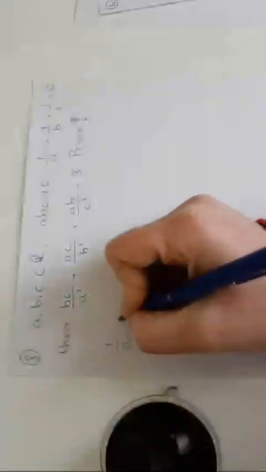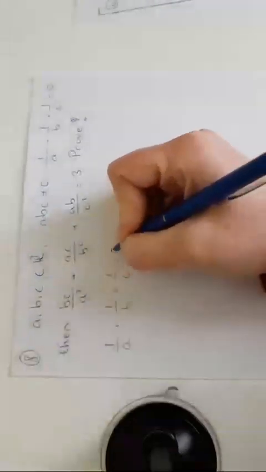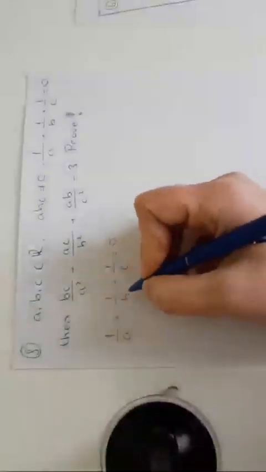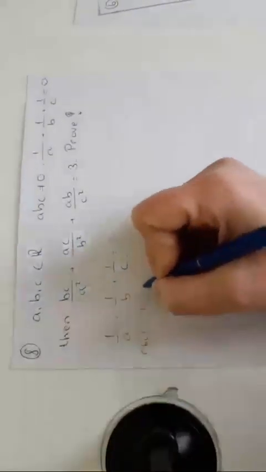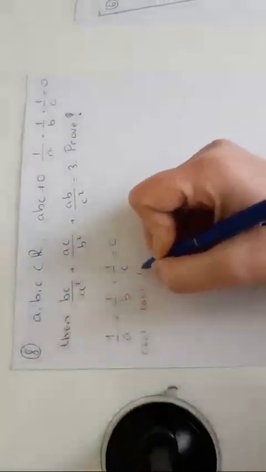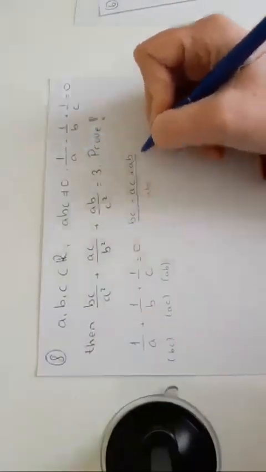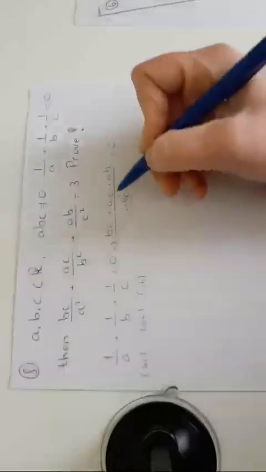I will take the first equation: 1 over A plus 1 over B plus 1 over C is equal to 0. If I equalize the denominators, I get BC plus AC plus AB over ABC is equal to 0, and we know that ABC cannot be 0.